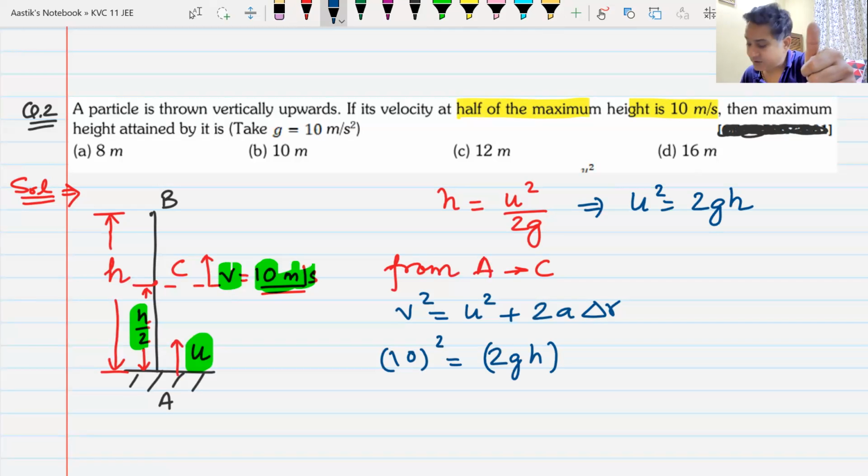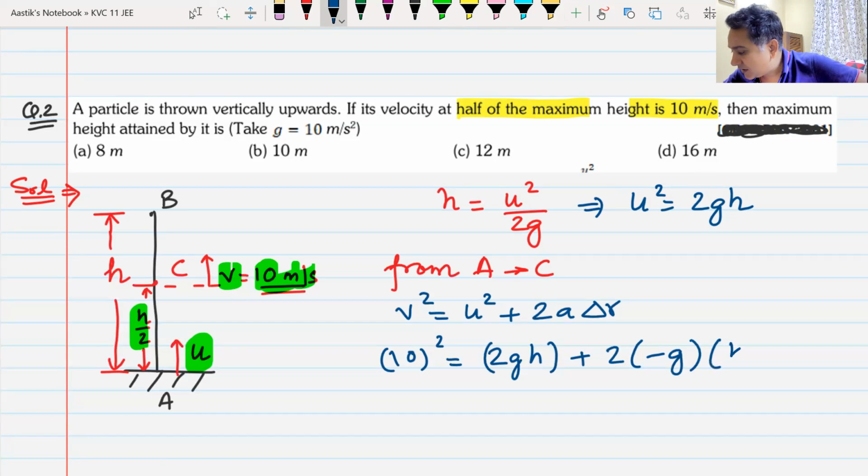Is everyone getting my point? Plus 2 times acceleration, which is minus g. Acceleration is minus g, and the displacement here is h by 2 in the upward direction. The value of g is given as 10.